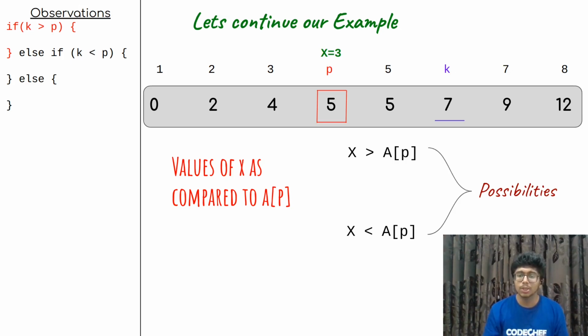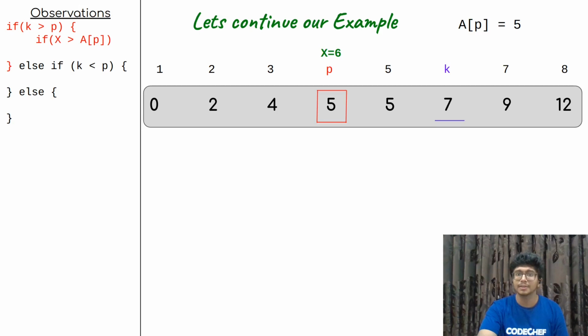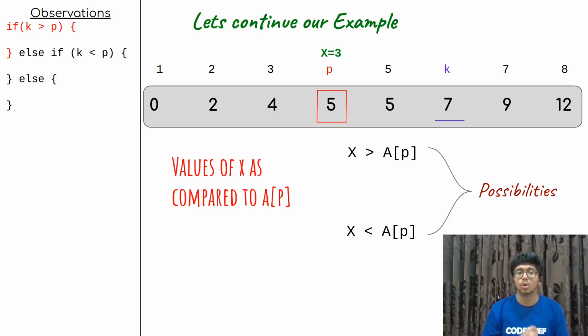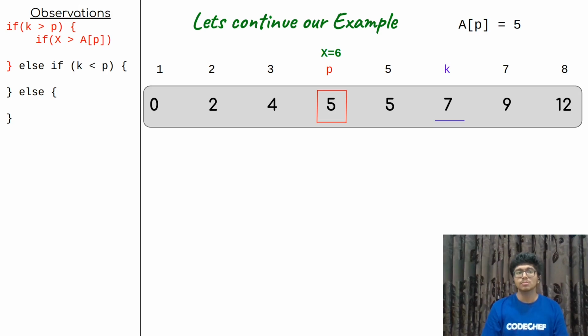If you look at the value of a of p, which is 5, and the value of x, you can also have a comparison, right? There are two possibilities. Either the value of x is greater than a of p, or it is less than a of p. Let's assume the first condition where the value of x is greater than a of p. So here the value of a of p is 5 and the value of x is 6.